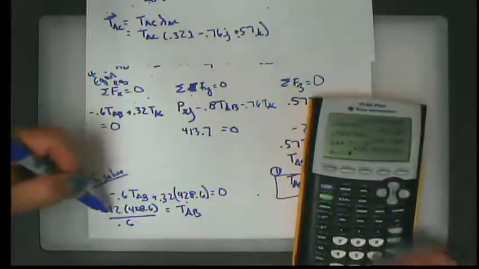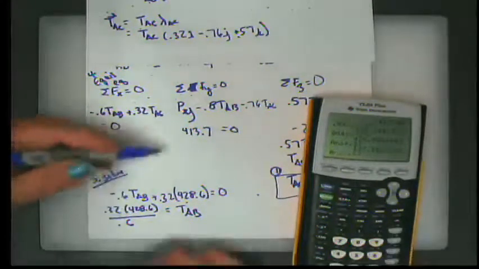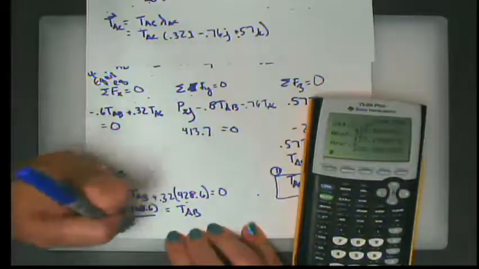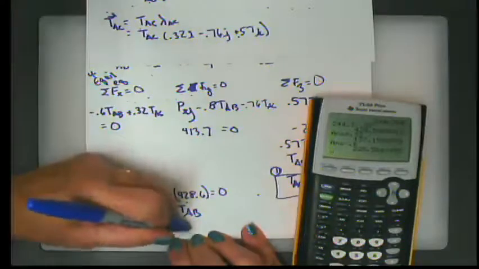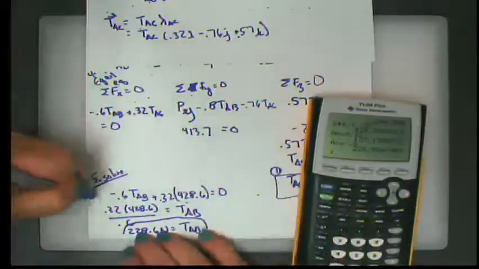So I take that number, multiply it by 0.32, and divide it by 0.6, and I get a value of TAB of 228.6. And the units will be newtons because I checked my dimensions throughout. So there's my first one. Here's my second one.